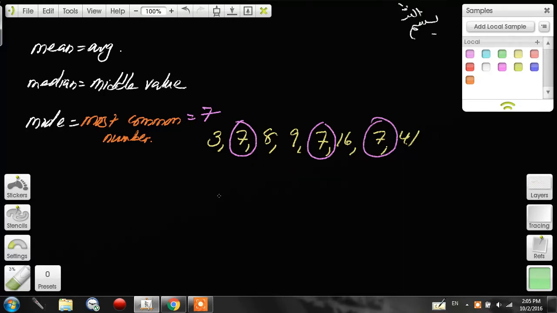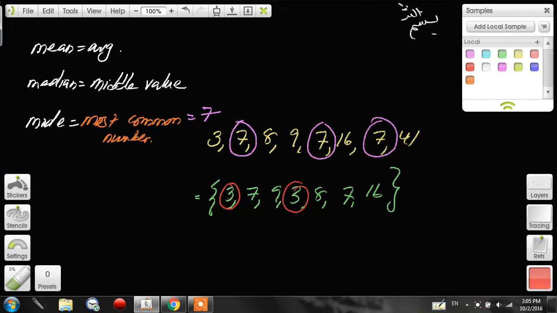So now look at this set. Okay, this is a set of numbers. Sometimes sets of numbers are written in brackets like these. 3, 7, 9, 3, 8, 7, and 16. Now, what's the mode here? Let's see. Do any numbers repeat? There's a 3 here, and there's a 3 here.